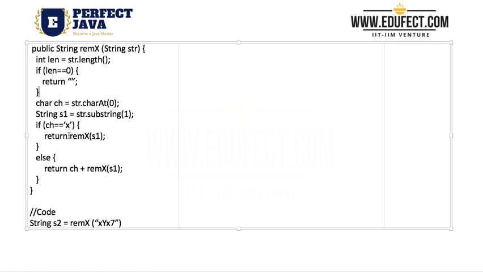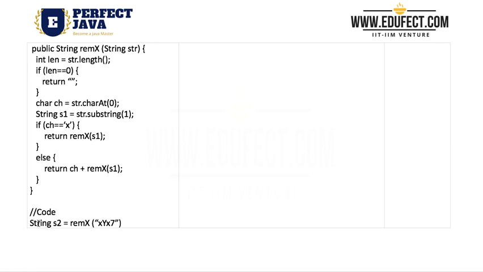If it is x, then we will find the remx of the remaining string, which is s1. So s1 is the substring with the first character removed. And if it is not an x, we will return ch plus remx s1. So we will calculate the remx of s1 and concatenate ch to it. So logically it seems right. Let us do a dry run.